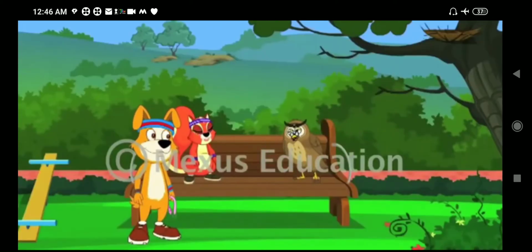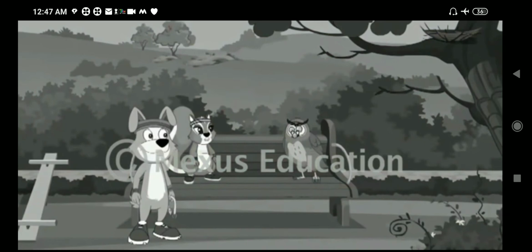Hello, Amber. Hello, Buster. How are you? And why are you both so sad? Hello, Mr. Owl. Good to see you here. Amber got me this collar, but this is too small for me. Amber measured the size as 5 handspans.